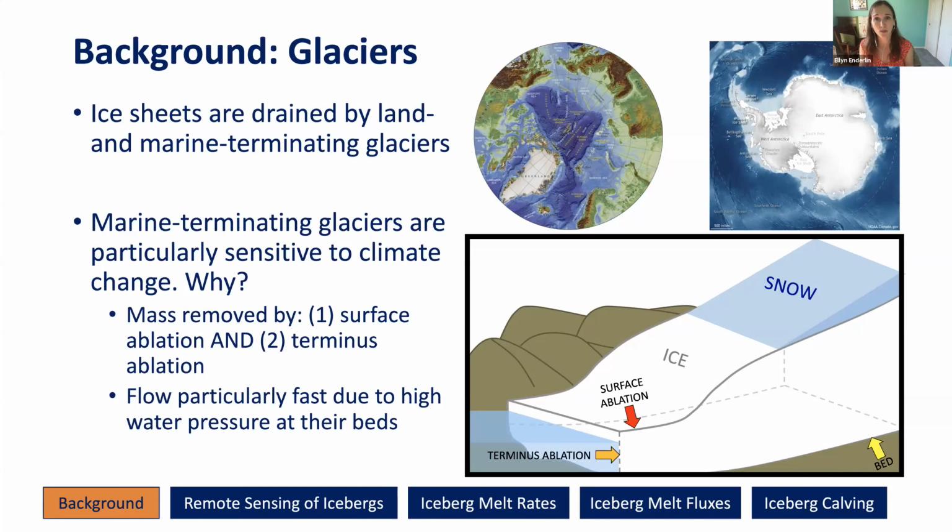And for these marine terminating glaciers, they slide really, really fast because they have high water pressures maintained beneath them. And so that way they slide really quickly. This is a very effective slip and slide that's going on. So these glaciers, not only are they responding both to air and ocean warming, but they can respond really quickly because they have these really fast dynamic changes that go on in their flow.